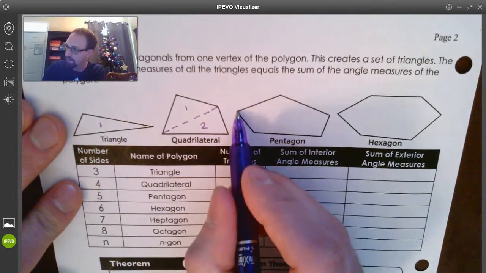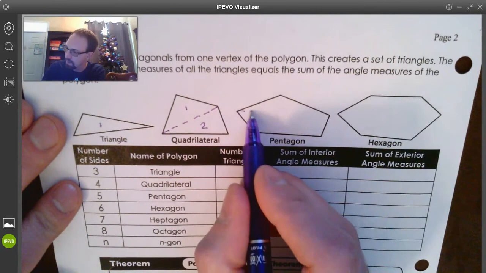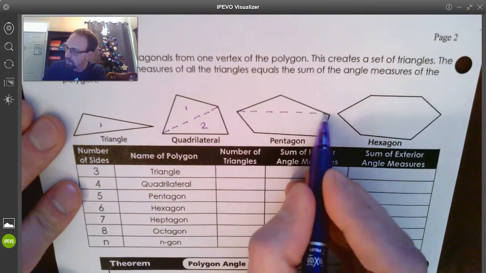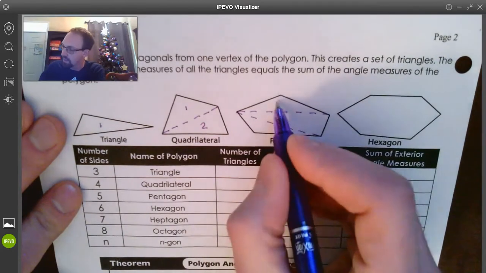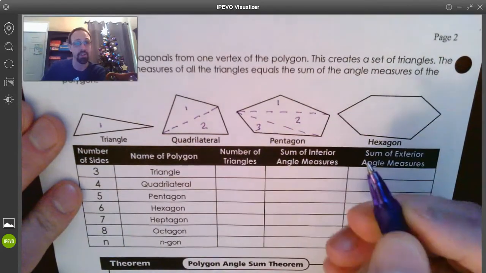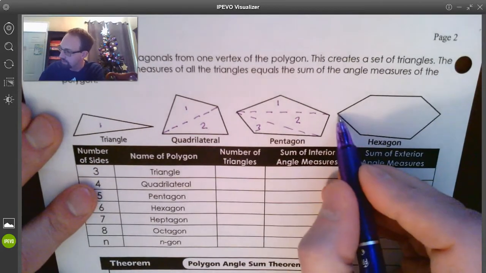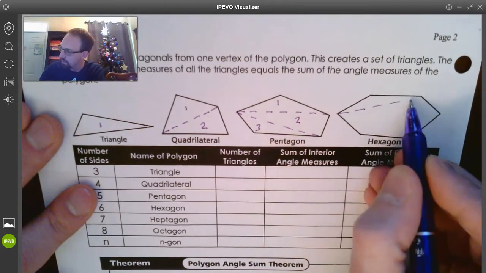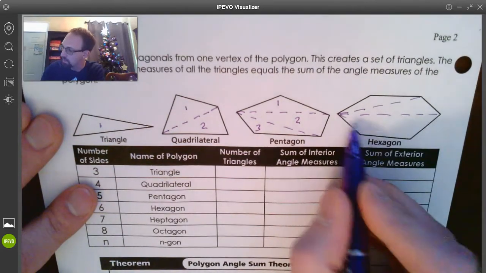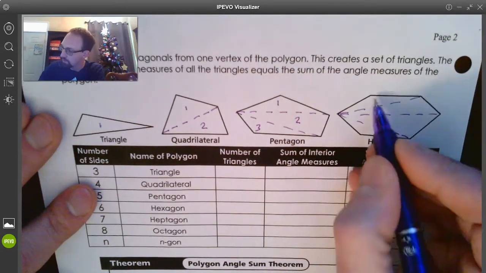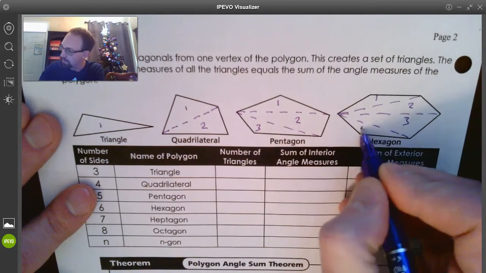With a pentagon, if I start from here and go to there, and go to there, then I have 1, 2, 3 triangles. And then for the hexagon, there's 1, 2, 3, 4.